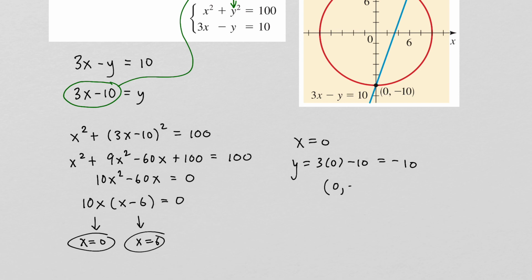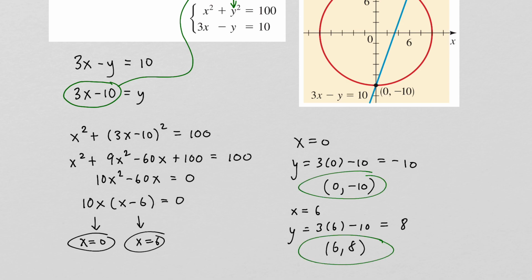And that gives us 0, negative 10. And secondly, when x equals 6, y is going to be 3 times 6 minus 10, which is 18 minus 10, which is 8. And that will give us the other solution, 6, 8. And so you can see here are the 2 points of intersection, and we can solve for these without graphing.